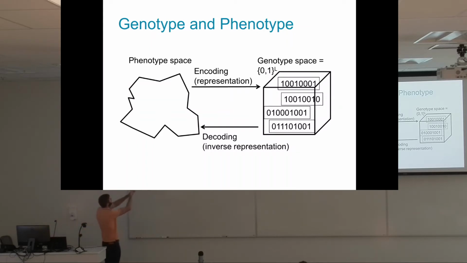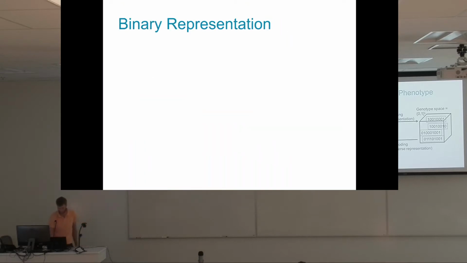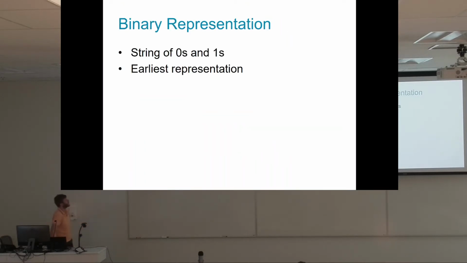So if you go back in time, binary representation is the first one. Here we've got some encoding for a problem, a bunch of zeros and ones. What those zeros and ones mean depends on your decoding. Does it mean integers? Does it mean characters? Does it mean whatever? It's just some encoding that has some decoding. So a string of zeros and ones, it's the earliest representation.